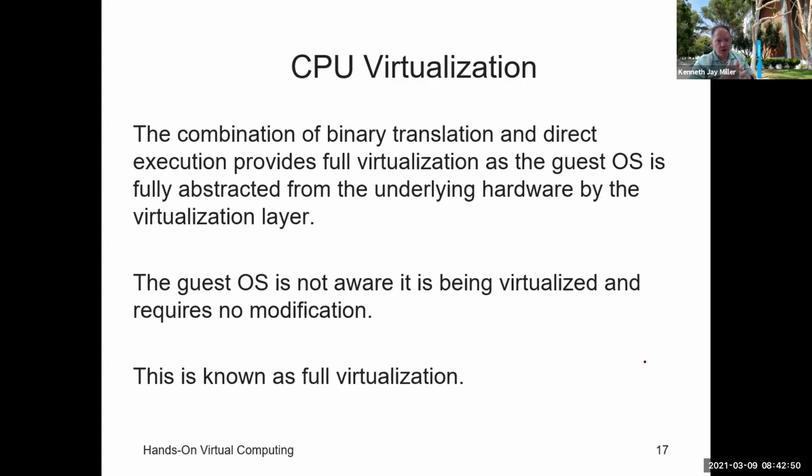This is known as full virtualization. The guest OS is not aware it's being virtualized and therefore requires no modification. Again, if we have to modify it, that's known as para-virtualization. If we don't, that's full or native virtualization.